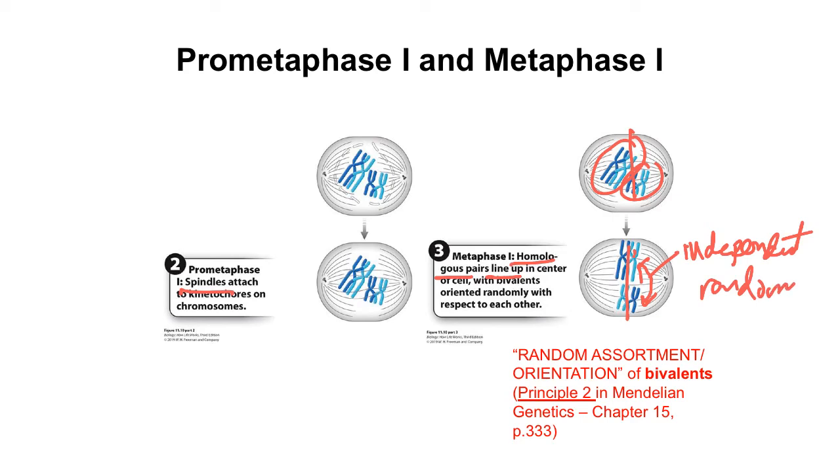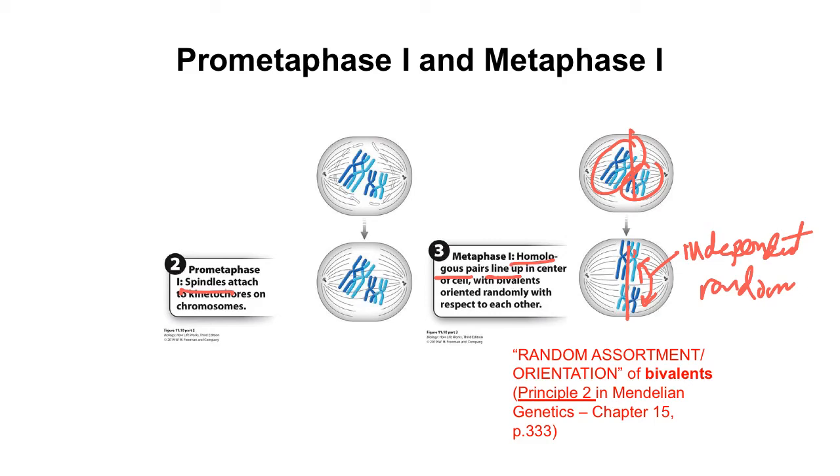But notice that because the bivalents are still connected by synapsis, they are always joined together. So this is absolutely different from what happens with chromosomes in mitosis. In mitosis, individual chromosomes don't pair with their homologous partners, so they go to the equatorial plate in metaphase independently of each other.